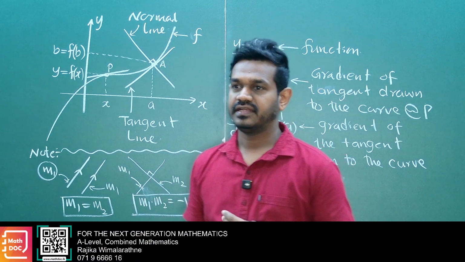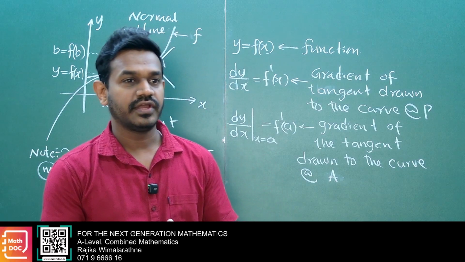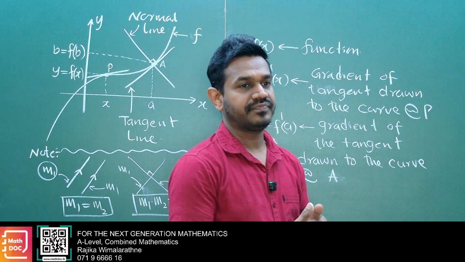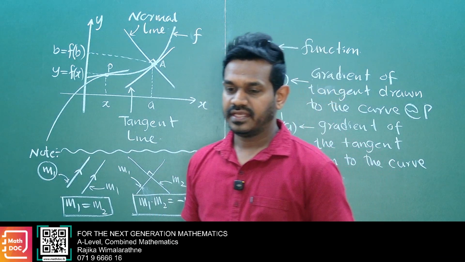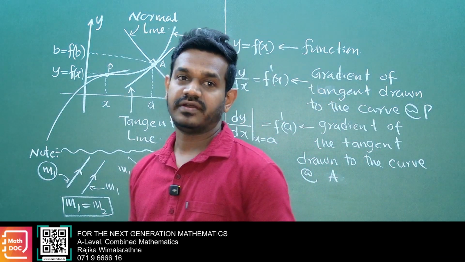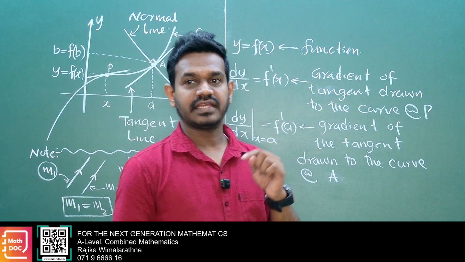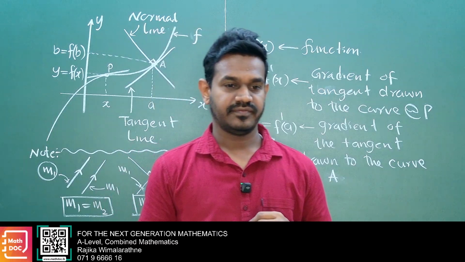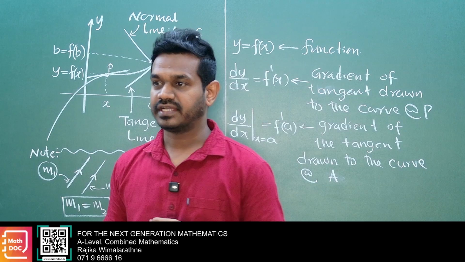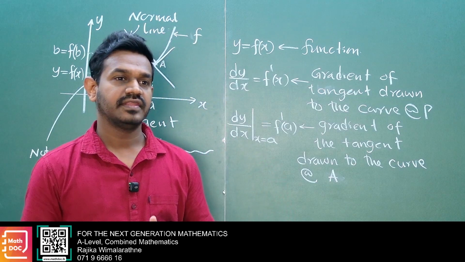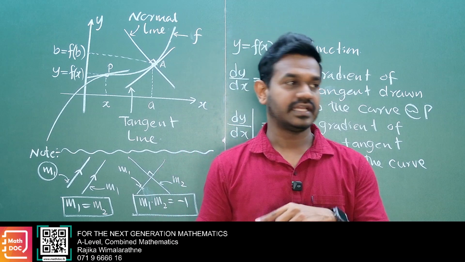And a general point on the curve, capital P within brackets x comma y, is a general point on the curve.